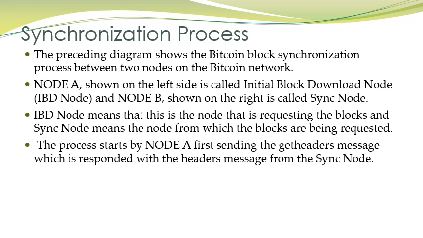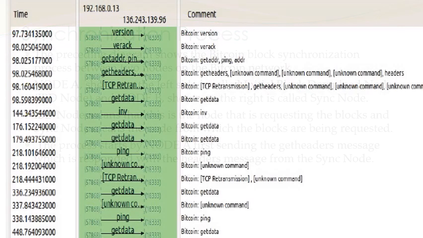After getting the headers of the blocks, node A will request the copy of the blocks by sending get data messages, and in response to the get data messages, the sync node will reply with the data. This is how node A gets the copy of the ledger from the sync node. This is the synchronization process between the nodes in the Bitcoin network.